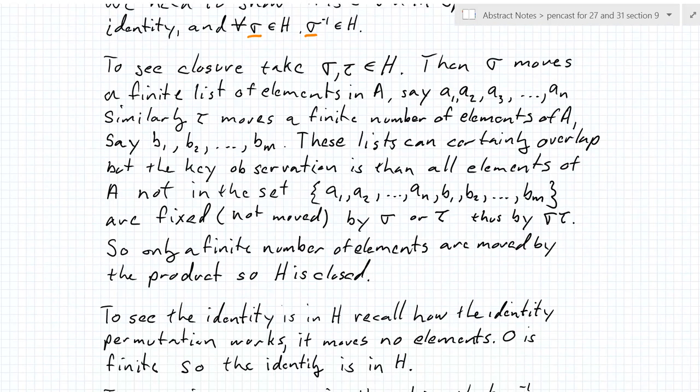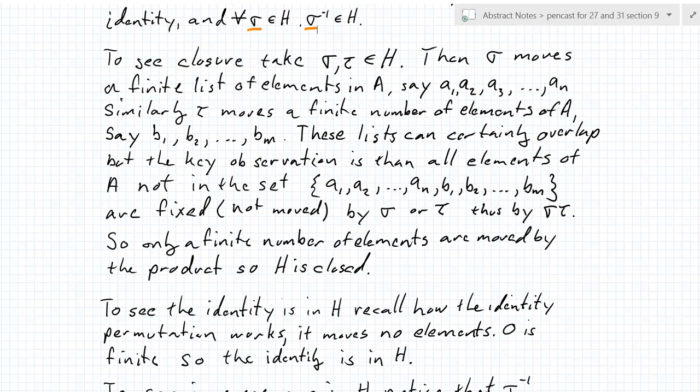So to see closure, let's take two elements in H. These are, remember, two permutations in a group of permutations on an infinite set. But these are special permutations. These are permutations that move only a finite number of elements.